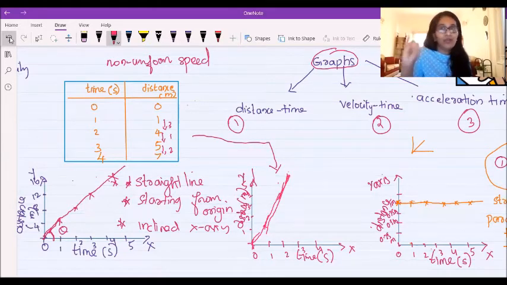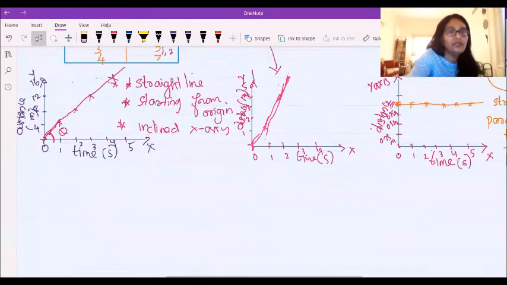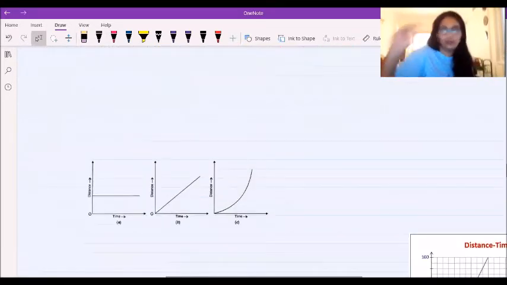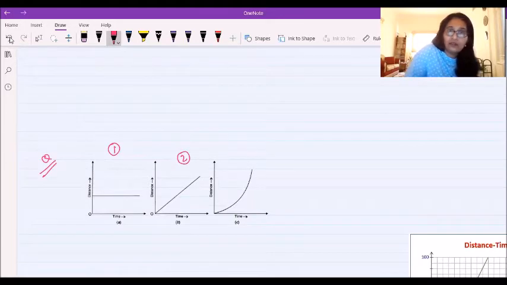Three kinds of graph: object at rest, object in uniform motion, object in non-uniform motion. Okay, I think it is clear for you. Now let's see some different kinds of questions. Okay, this is your question. You have to label this one. Okay, the first one, second one, third one.